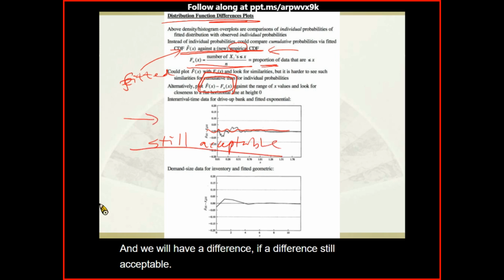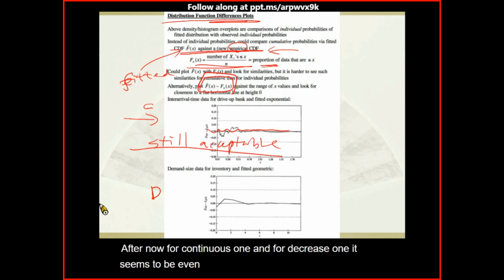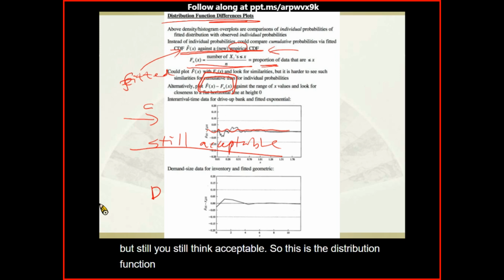Up to now, for the continuous one and for the discrete one, even if we can observe some minor changes, you still think it is acceptable. So this is the distribution function difference plot. Again, I allow you 1 minute to check that everything's okay about this plot.